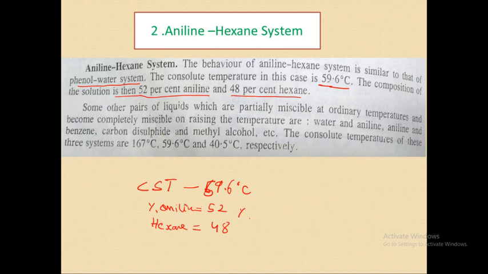So this type of solution, aniline and hexane, is somewhat like the phenol and water solution. Above this 59.6 degrees Celsius, the solution becomes completely miscible.